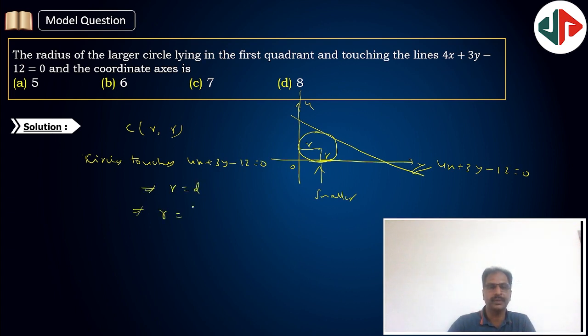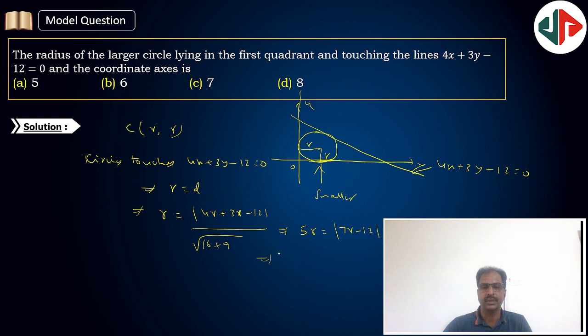What is d? Perpendicular distance from the center to the line. So 4r plus 3r minus 12 by under root 16 plus 9. So 5r is equal to modulus of 7r minus 12. Remove the modulus, then you will get plus or minus 5r.